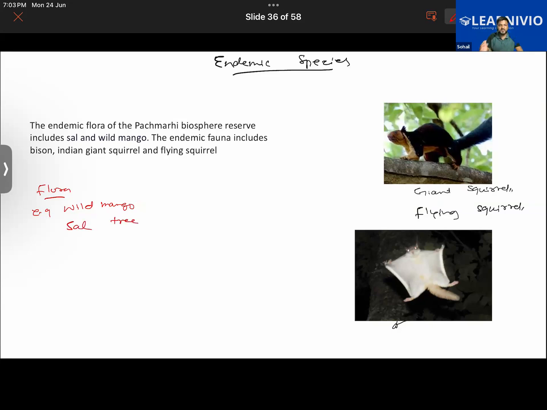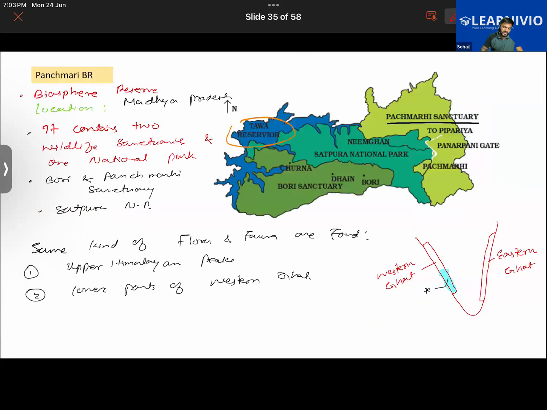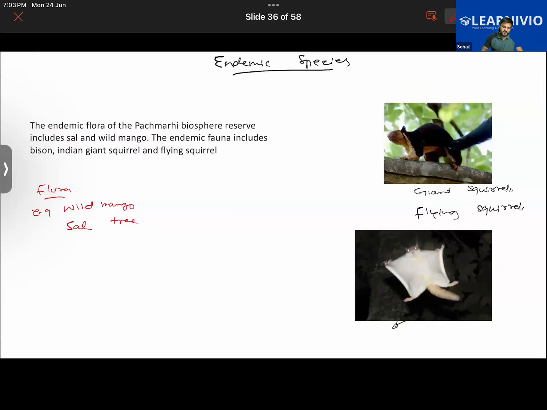Sal and wild mango are examples of endemic flora to the Panchmari Biosphere Reserve, and bison, Indian giant squirrel, and flying squirrel are some of the endemic fauna.